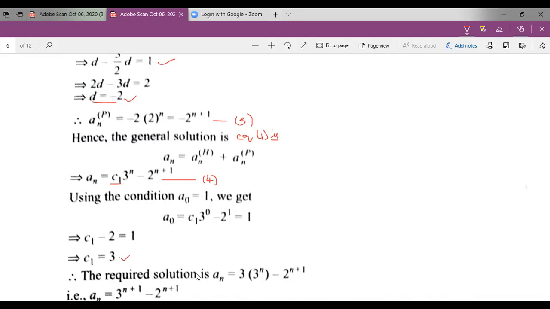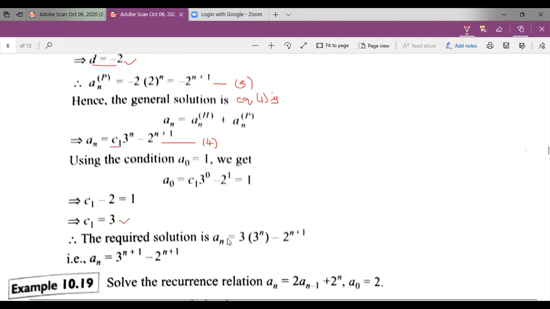We get the required solution for the given non-homogeneous recurrence relation, that is a_n is equal to 3^{n+1} minus 2^{n+1}. So this is the required solution for the given non-homogeneous recurrence relation.